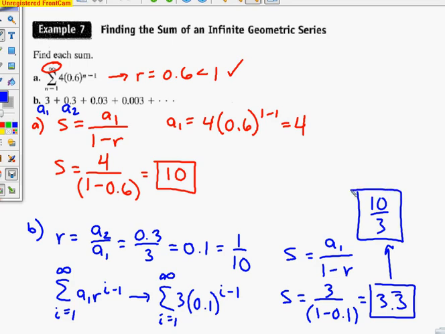So that is what this sum is approaching. And again, maybe you could have seen that by adding up these terms, right? 3.3, 3.33, but I want you to find the sigma notation because you might have to do that, and then plug in the sum formula. So this is infinite sums.